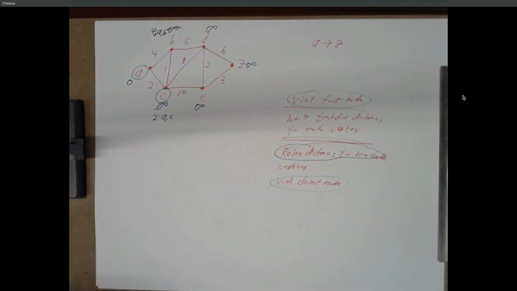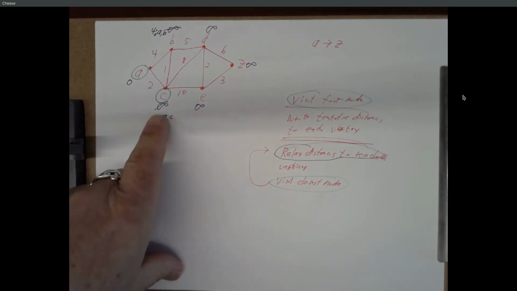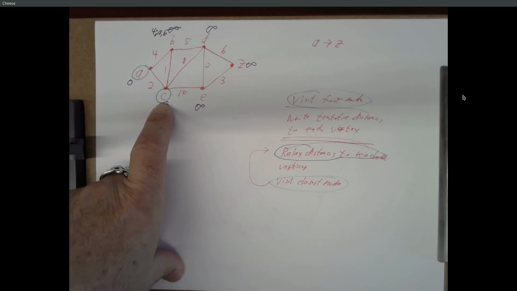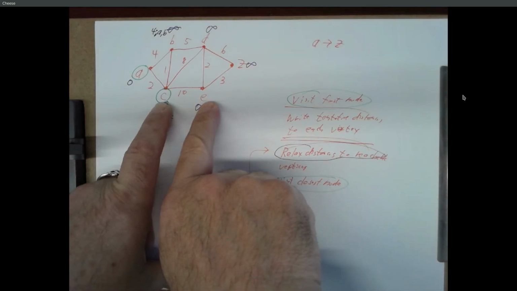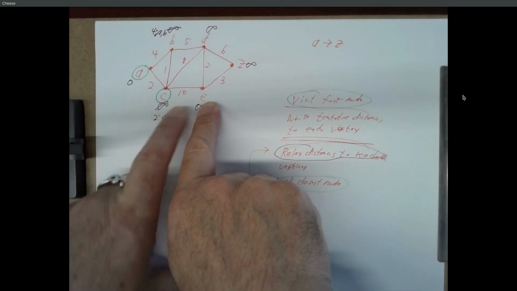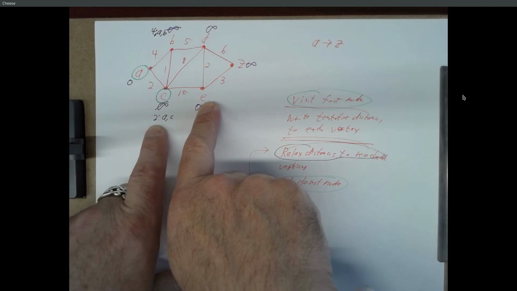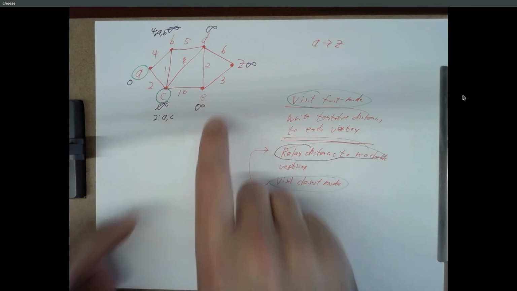All right, so now we just go back and we repeat this. So relax any nodes that are reachable at this point. What can we reach from vertex C that we haven't already visited? We can get to E, right? And we know the distance from C to E is 10, and we know the distance to get to node C was 2. So 2 plus 10 is 12.